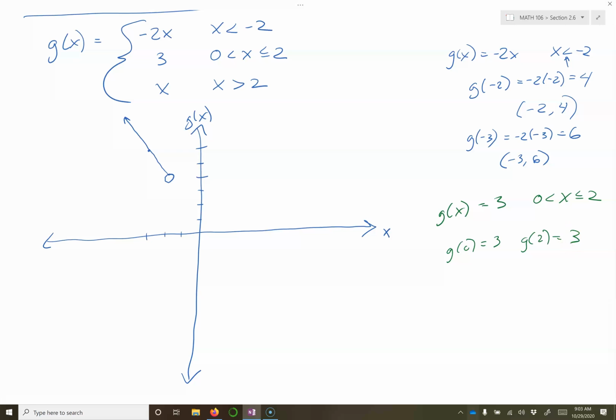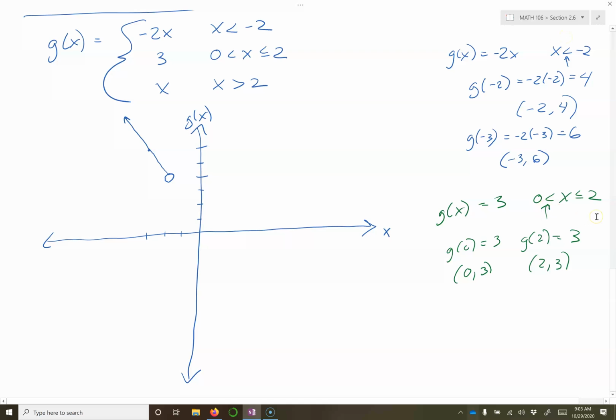But I have to figure out, do I have open circles or closed circles? So what about at 0? Is that an open circle or a closed circle? This point is (0, 3), and this point is (2, 3). At (0, 3), do I have a solid or open circle? Yeah, it's open, right? Because look, where is it? Oh, right here. Less than.